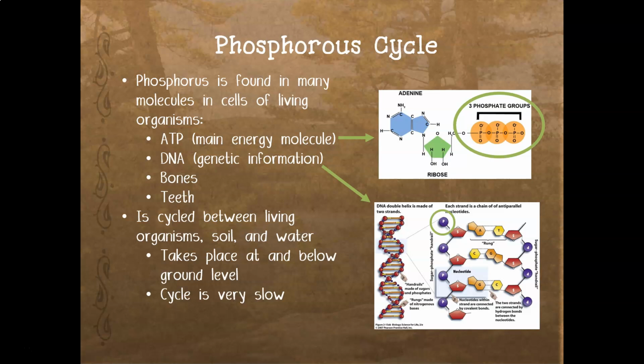That's not going to be the case here. This is going to be very much a slow process because we are working on much more of a geologic time scale, which is much longer than your typical life cycle of a living thing. But all that being said, they definitely cycle phosphorus through living organisms, through soil, through water, and we need it to be there. Otherwise, we don't have any energy and we don't have any instructions to guide our bodies on how to function and how to be structured.